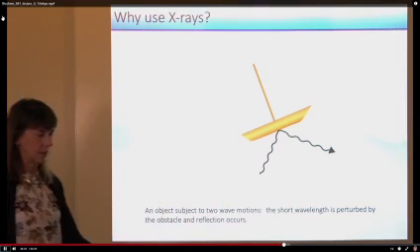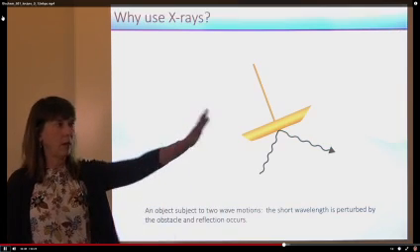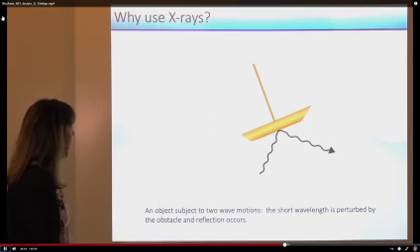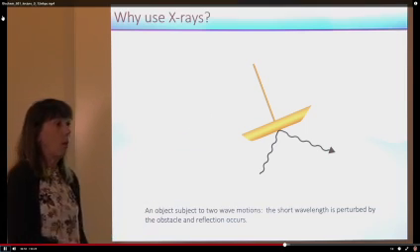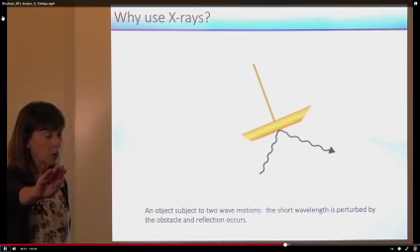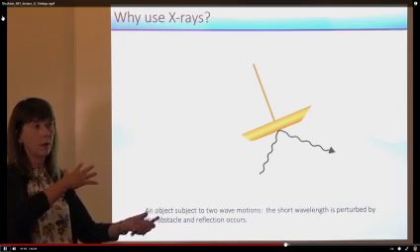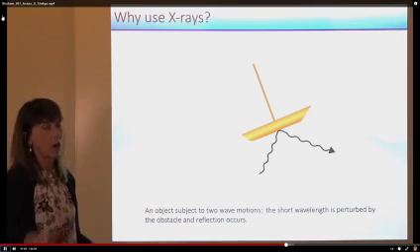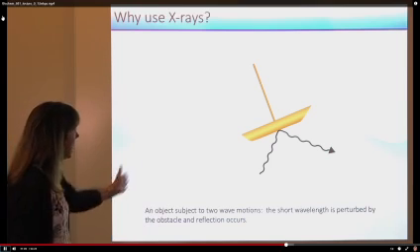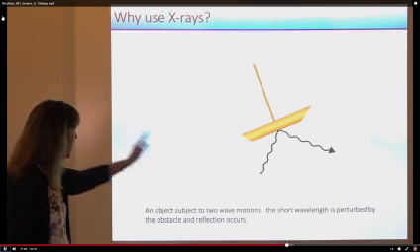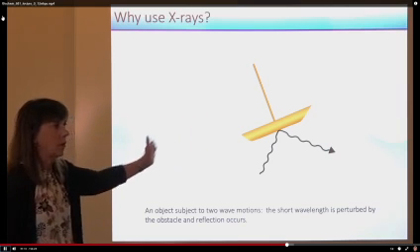Now, think about this. You have a boat out in the ocean, and it's 5 meters in length. And then you have the waves, and the wavelength is about 20 to 30 meters. Supposing you're standing on the shore and it's foggy. The waves are unperturbed by the boat because the wavelengths are longer than the boat.